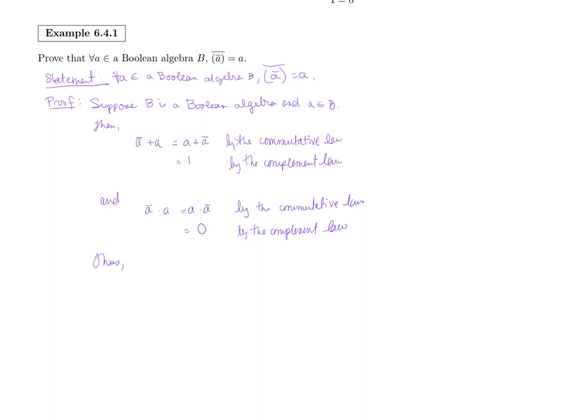It says, thus, A satisfies the two equations with respect to A complement that are satisfied by the complement of A complement. It's a lot of complements of complements in this one.